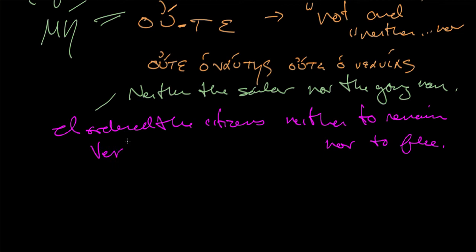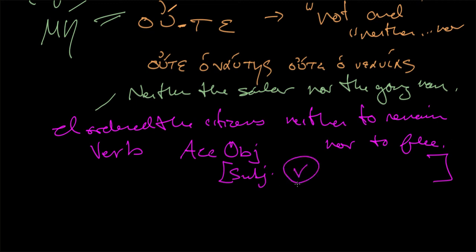Well, we'll have our main verb here, I ordered, and then this is going to be our accusative object. But that's also going to become kind of the subject of our phrase that's this command, that's what's going to happen, the neither remain or flee, and then that's where we're going to need a disjunctive connector, and then remain in the infinitive, and then another disjunctive connector.